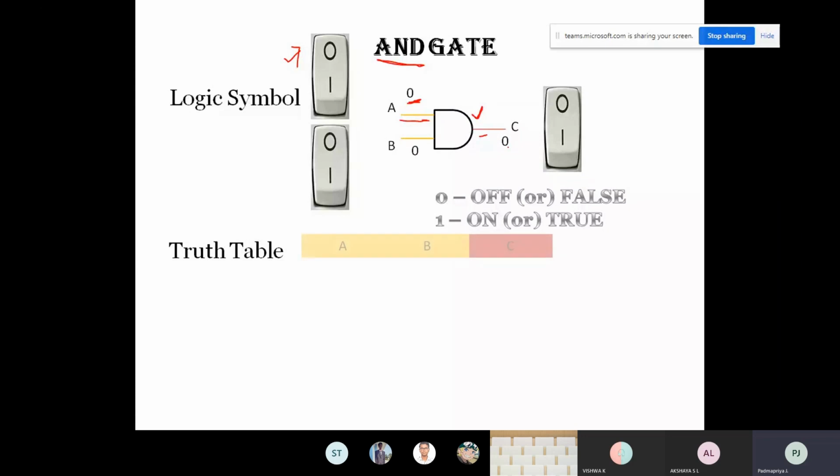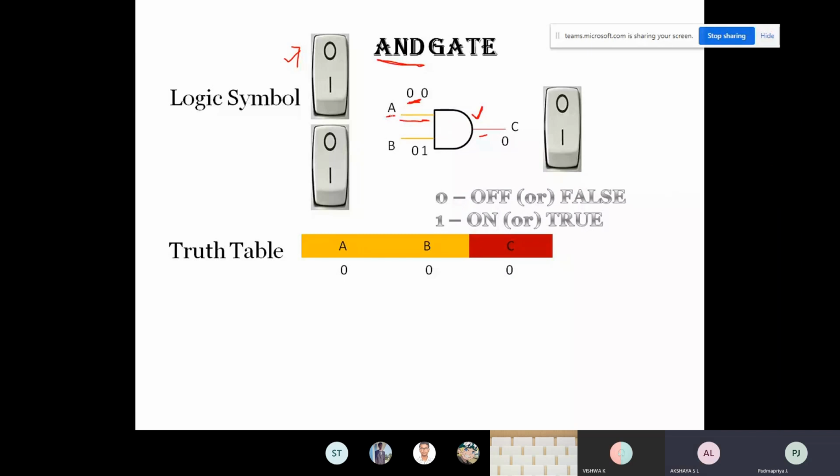Then the respective truth table would be what? We have two inputs, A and B, and the output is C. For the input 0 0, you receive the output 0. Now closely observe here: for 0 1, the switch is in off condition, so again the output is 0. Now 1 0: the value becomes 1 for A, so that switch becomes on, but B is 0 and its switch goes off, so the output is 0.